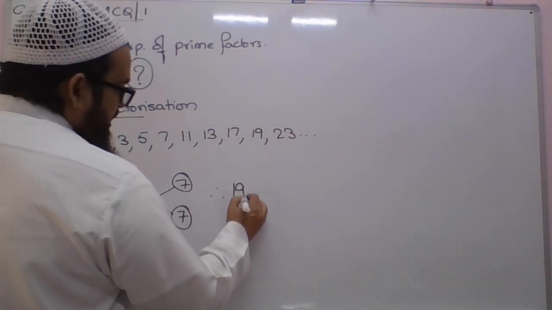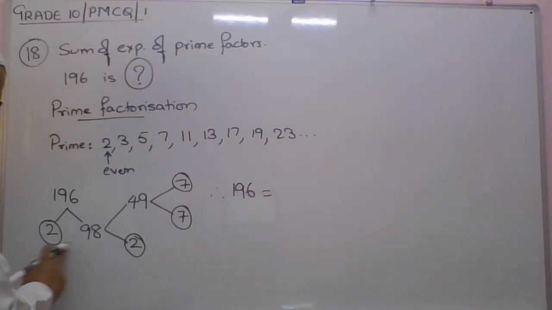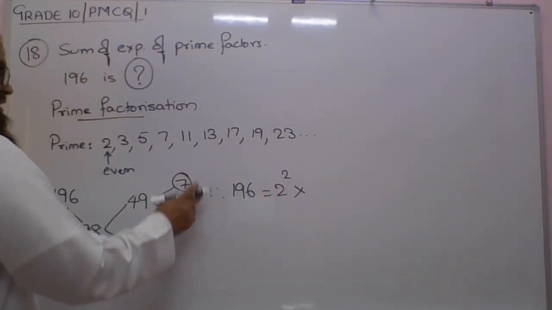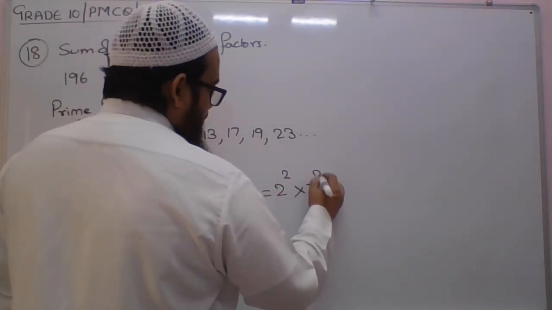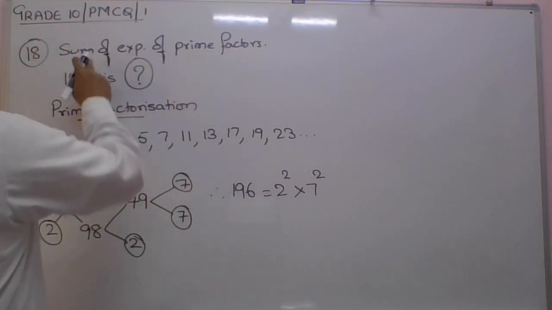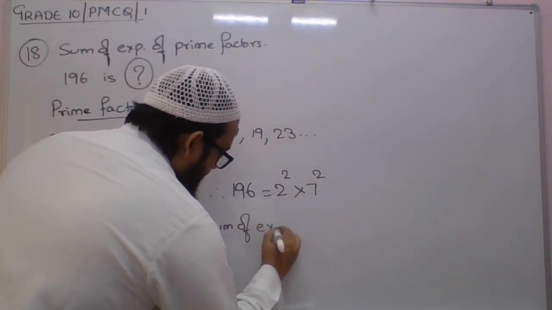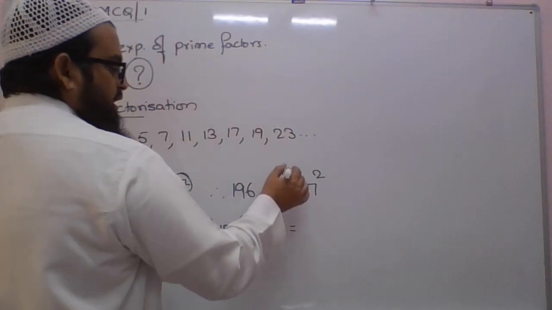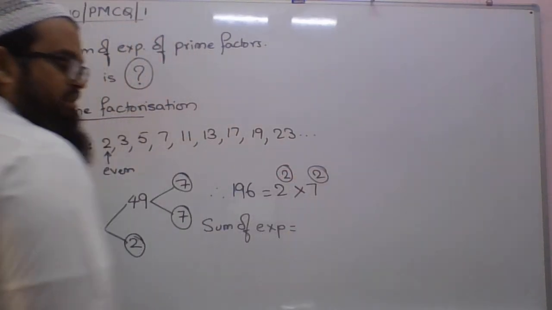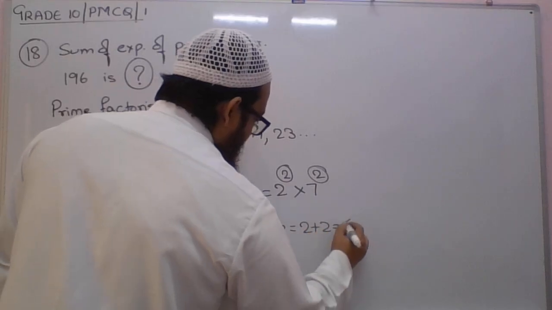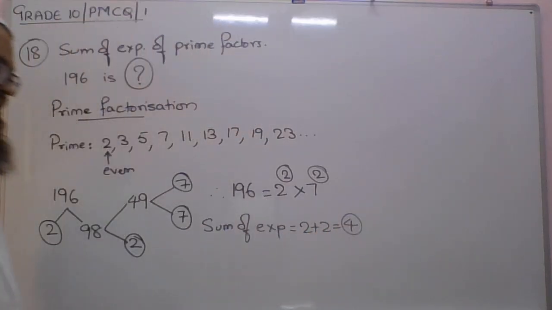Therefore 196 can be written as 2 into 2, 2 square, multiplied by 7 into 7, 7 square. Now what is asked? Sum of exponents. What is an exponent? The number which is in the power. So it is 2 plus 2, that is equal to 4. That is the answer. Got it, my dear students?